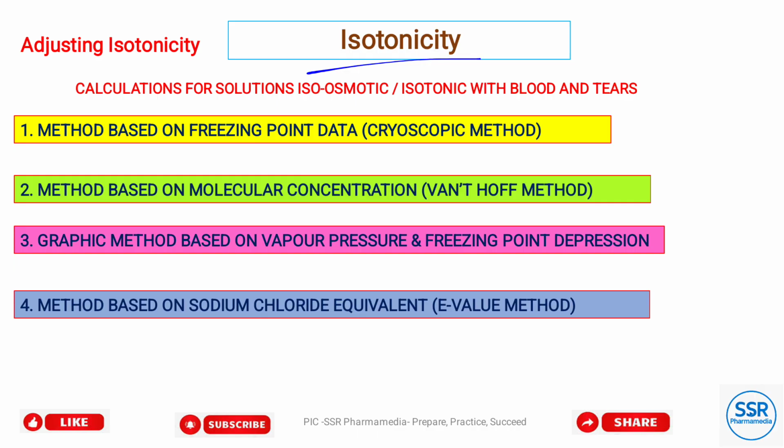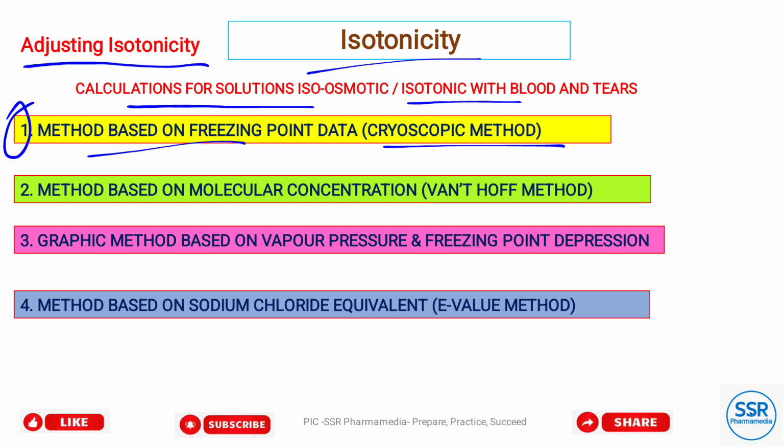Now in tonicity, we are going to see adjusting isotonicity, that is, calculations for solutions isosmotic or isotonic with blood and tears. There are four main methods of adjusting isotonicity. First, methods based on freezing point depression data, also called the cryoscopic method.